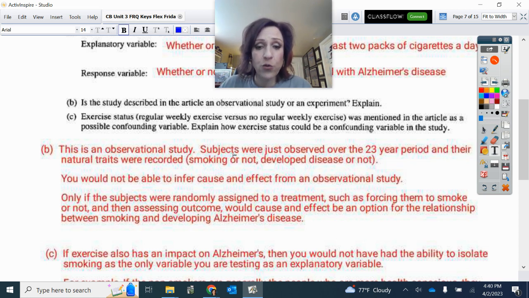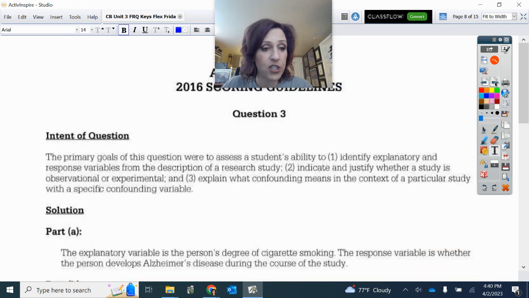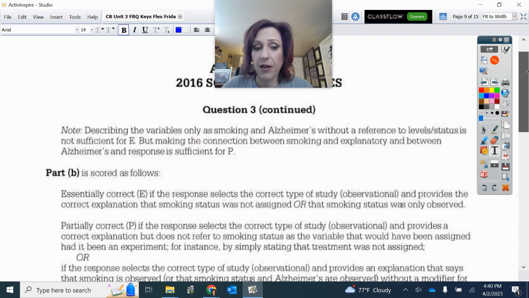So you had to say something to the effect of the subjects were just observed, and we were just seeing if they had developed the disease or not. We were just observing them. Because if you didn't even say just observed, let me show you specifically where they go into that.